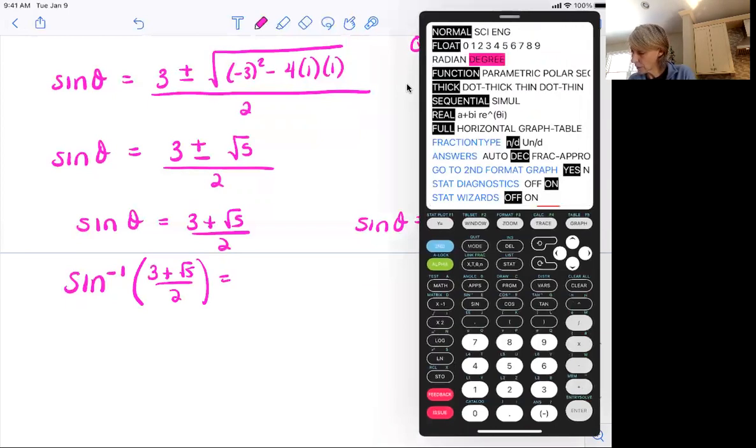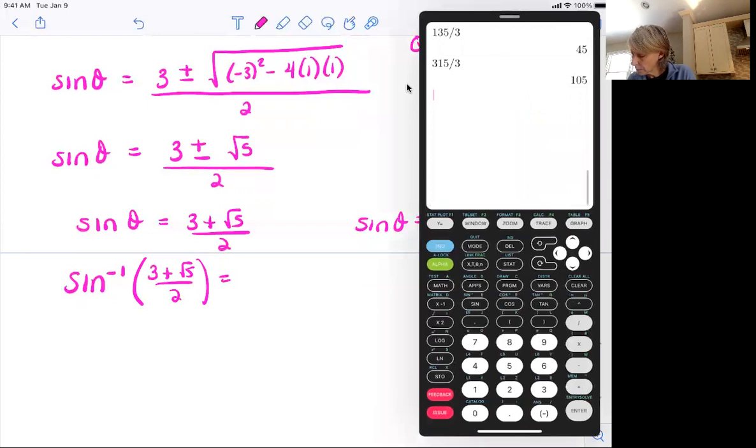So second sine, and I'm doing 3 plus radical 5 divided by 2.